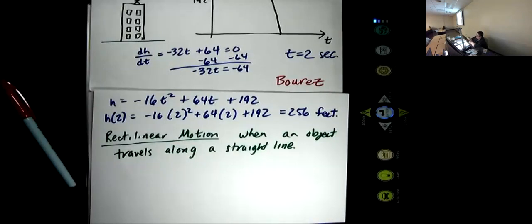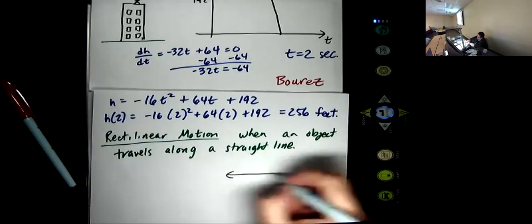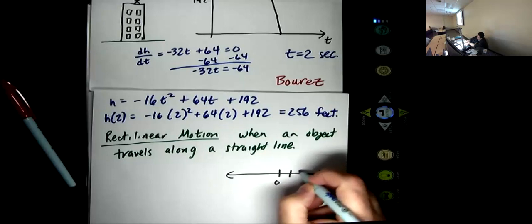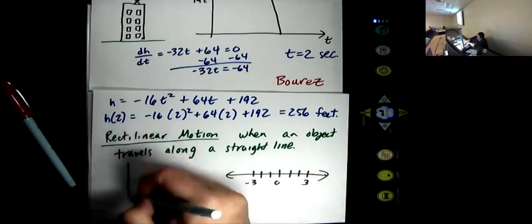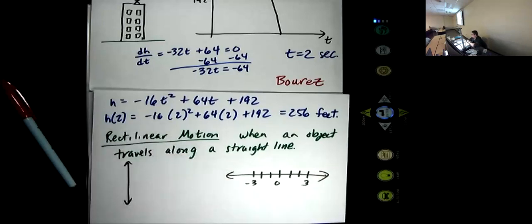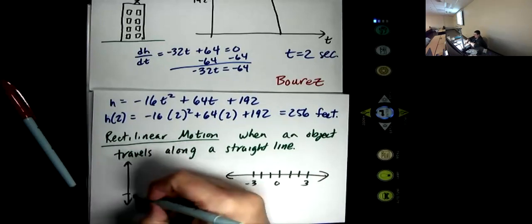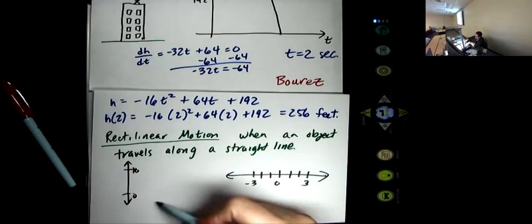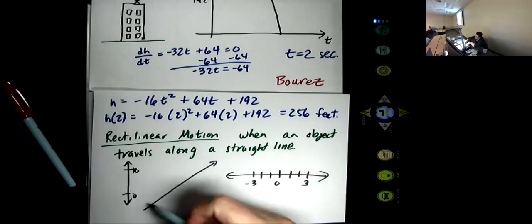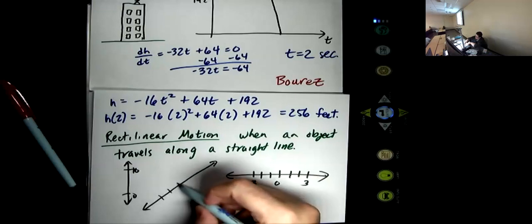So you could have it as a good old horizontal number line looking like the x-axis. It could look like the y-axis like it did in this problem. It could be at an incline, but it needs to be in a line.